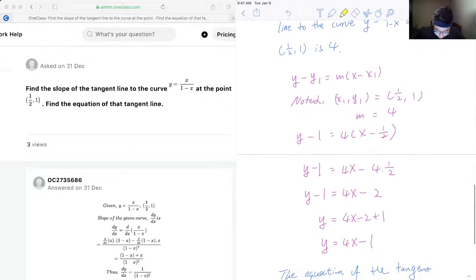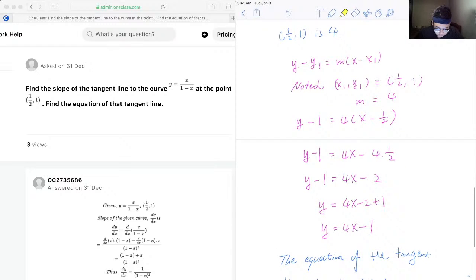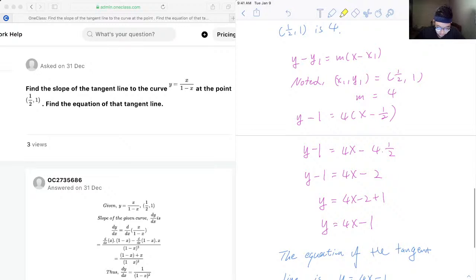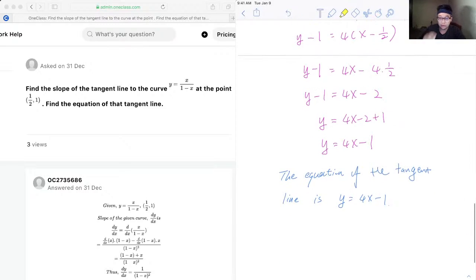After finding the slope, if we are asked to find the equation of the tangent line, we just substitute everything in, like the slope and the coordinate. Yeah, so that's what we have for this question.